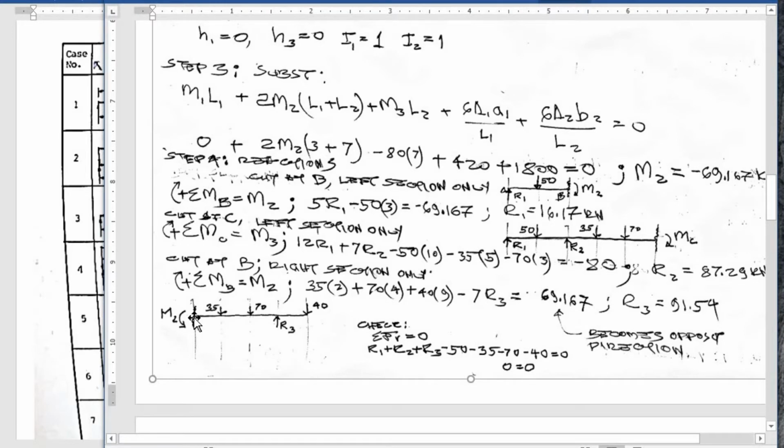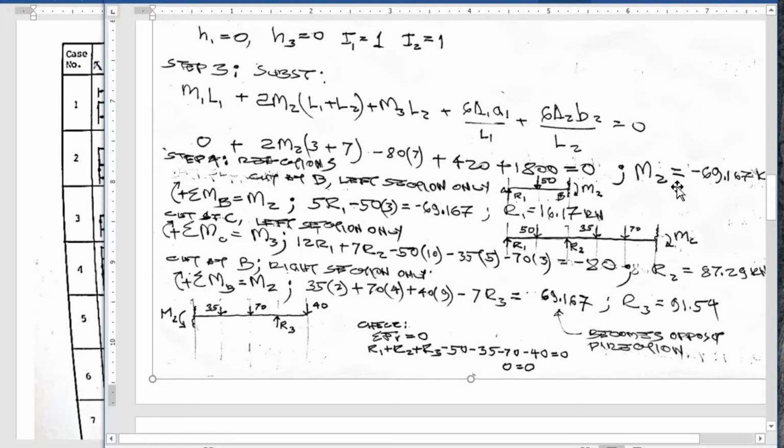So, clockwise direction again is positive. Yung loads mo ngayon ang magiging positive direction. So, 35 times 2 plus 70 times 4 plus 40 times 9 minus 7R3 is equal to moment 2. Okay? So, yung moment niya ngayon ay 69.167. Bakit this time naging positive?